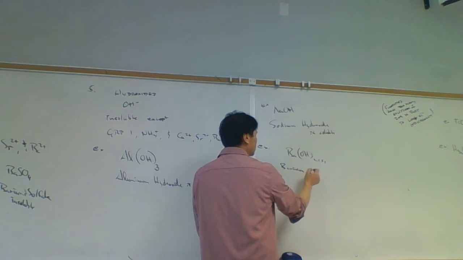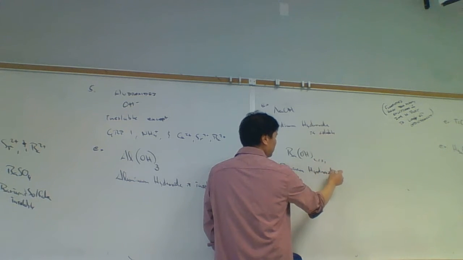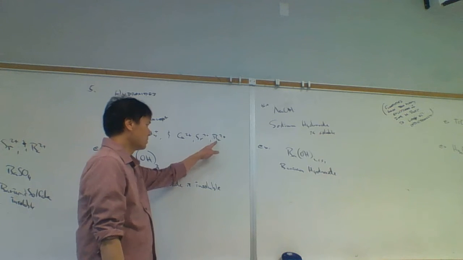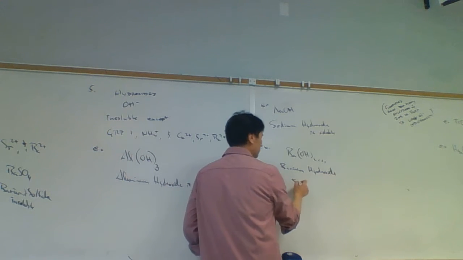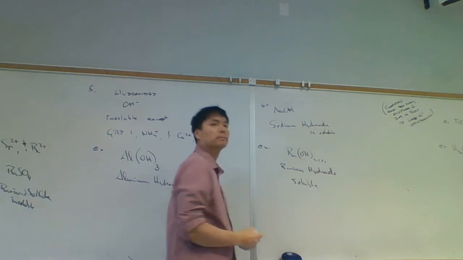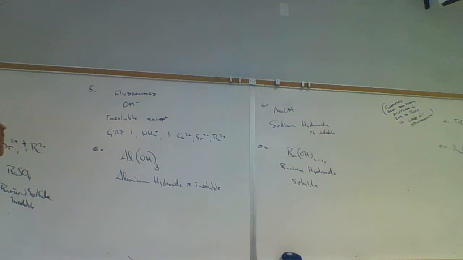Insoluble? It's one of the exceptions, so it turns out it's soluble. And so most of them are not, like aluminum hydroxide. What do you think about iron 2 hydroxide? Soluble or insoluble? Insoluble.